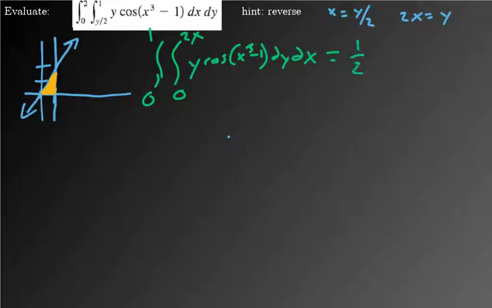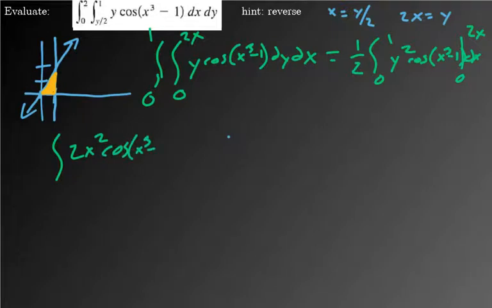So I'm going to take a half out: integral from 0 to 1 of y squared cosine of x cubed minus 1 dx, and I have to evaluate that from 0 to 2x. Plugging 2x into y, we get 4x squared, and then dividing by 2, we get 2. So we have the integral from 0 to 1 of 2x squared cosine of x cubed minus 1 dx.